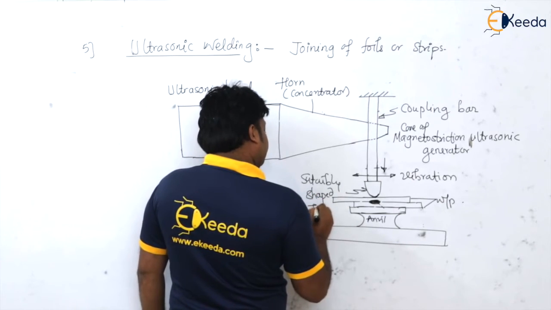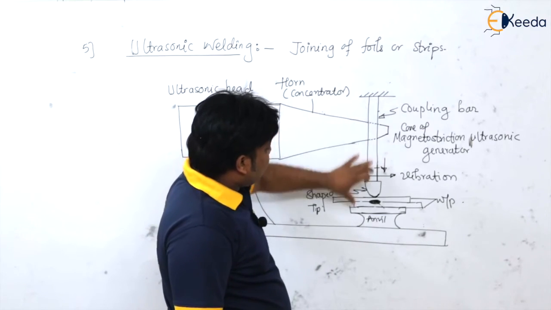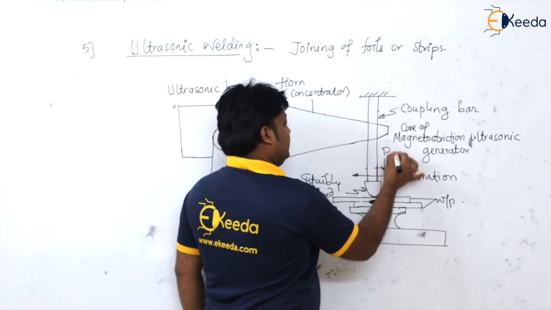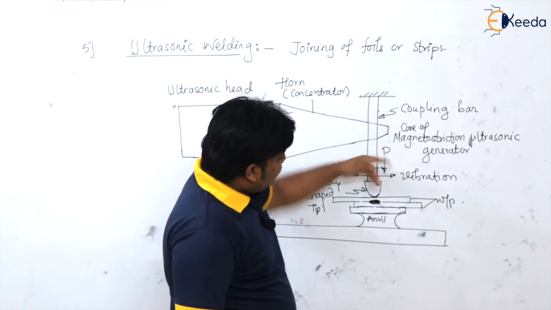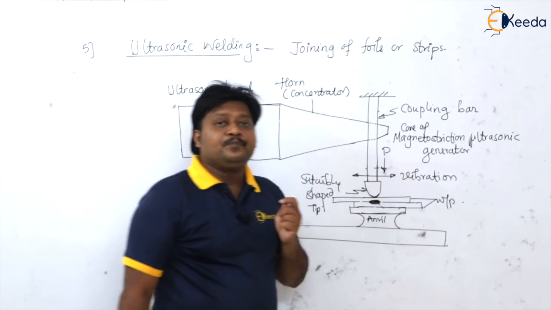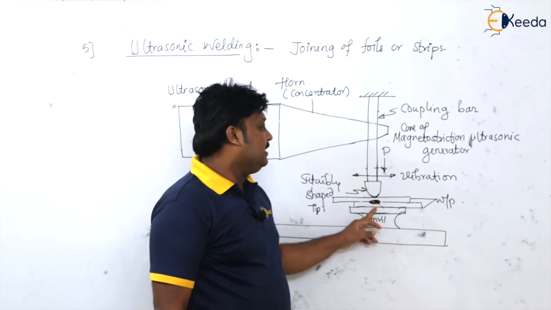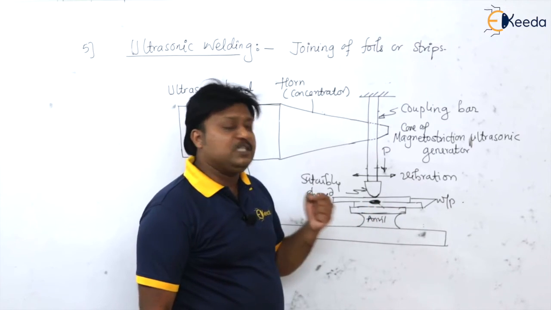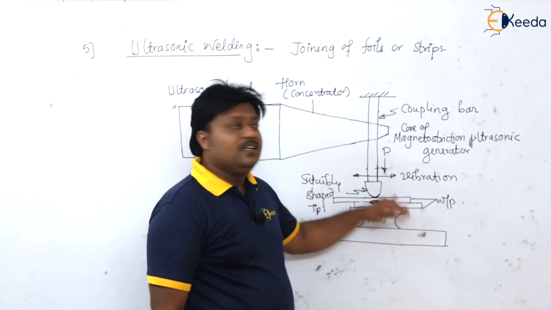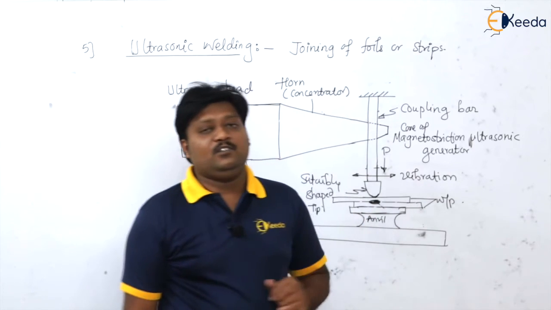And when this tip is applying the transverse pressure between the work, and at the same time it is having the ultrasonic vibration, then a spot is generated at the interface of the workpieces. Now this is the weld spot we are getting between these two workpieces. So this is how the spot weld is formed in the ultrasonic welding.